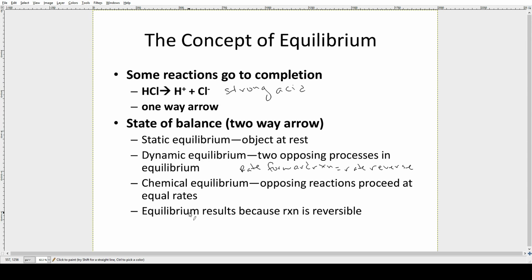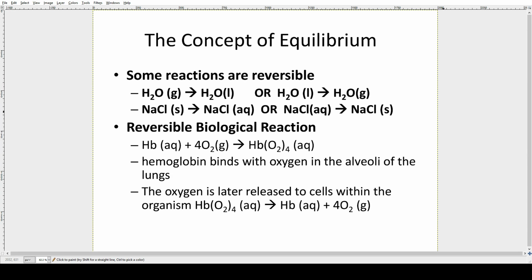And equilibrium like this will result because the reaction is reversible. So here are some examples of reactions that are reversible. We could have gaseous water turning into liquid water, or we could easily send that liquid water back into the gas state. We could take sodium chloride as a solid and turn it into aqueous sodium chloride, or we could go the other way around.